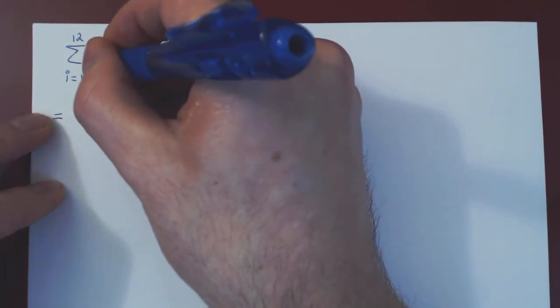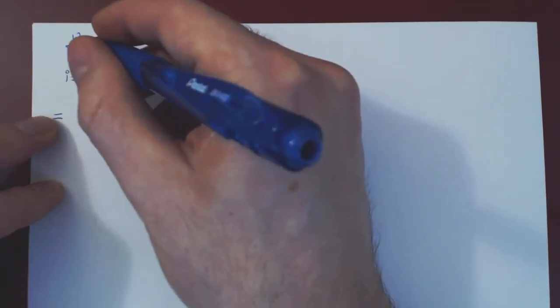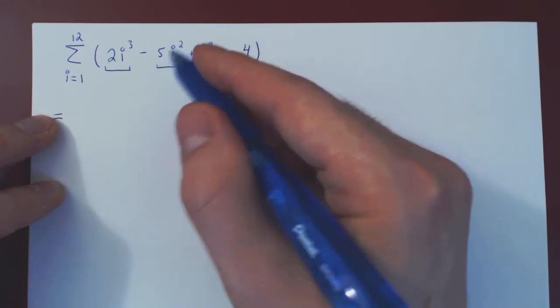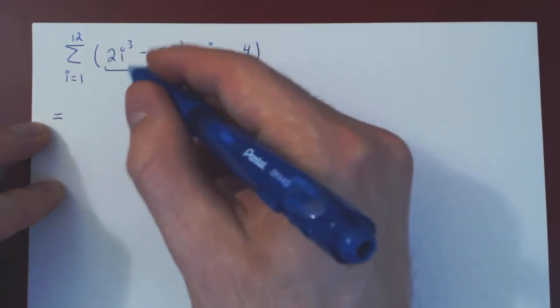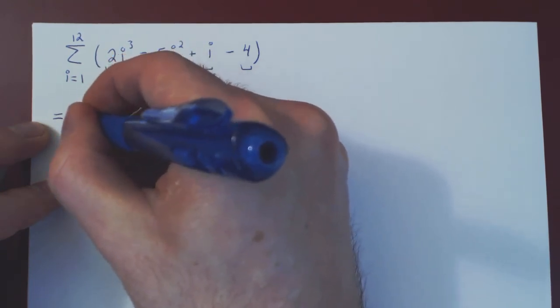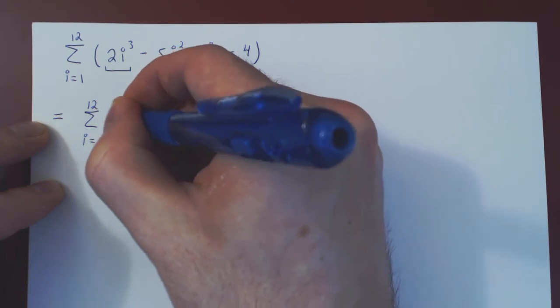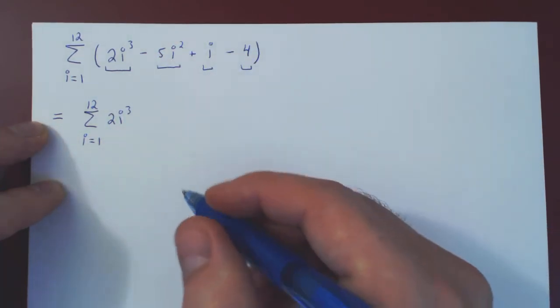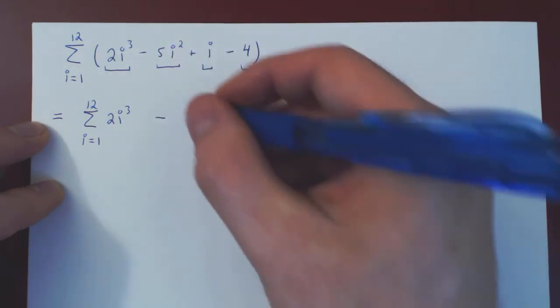So the first property says we can distribute the sigma notation over each individual term that we are adding or subtracting. So we'll first sum the 2i cubed. Then we'll subtract the sum of the 5i squared terms.